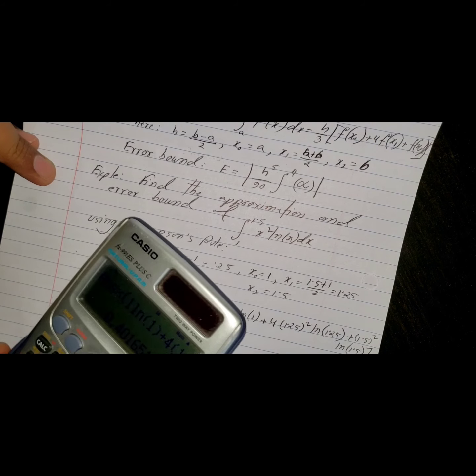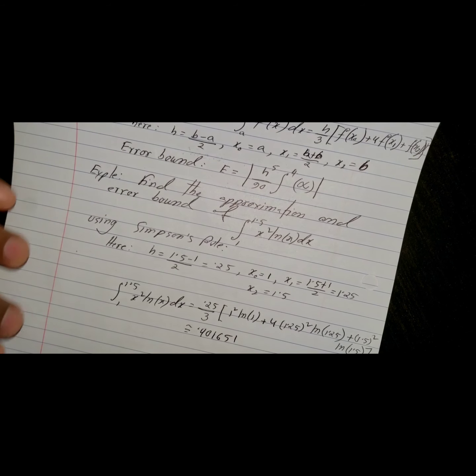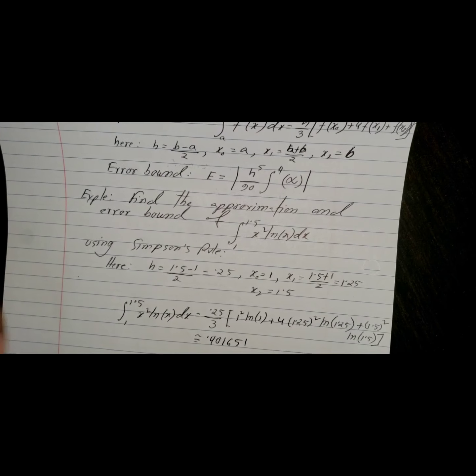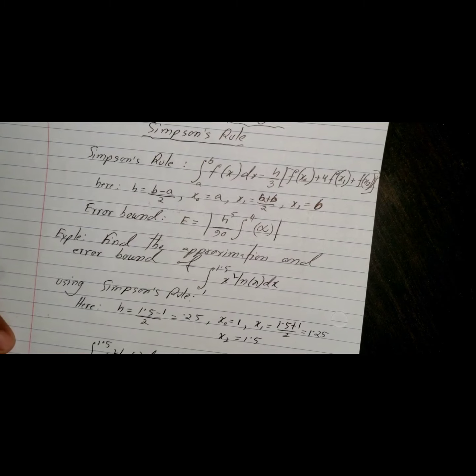So it is giving me 0.401651. So that is your approximation of this equation using Simpson's rule. Now let's find the error bound here.